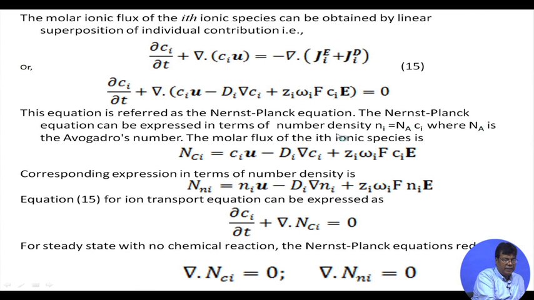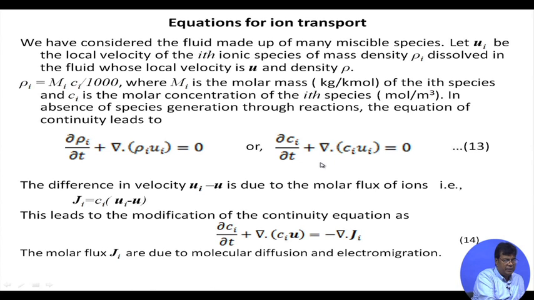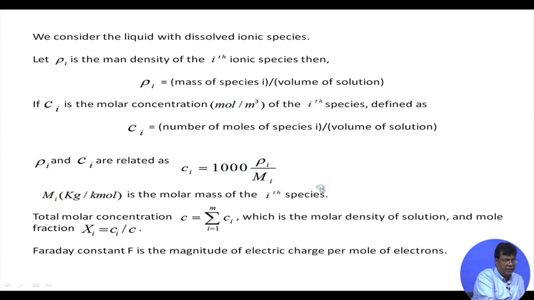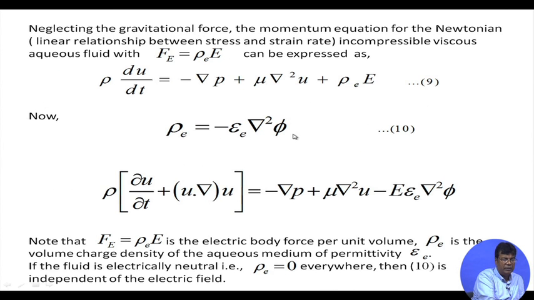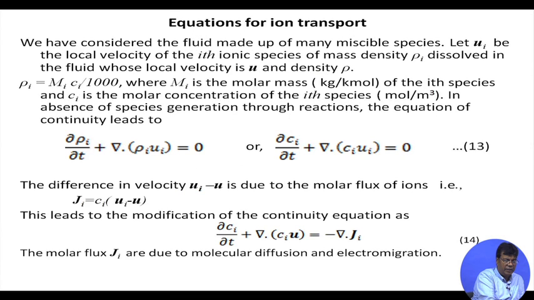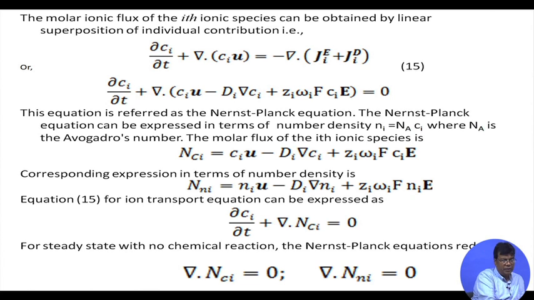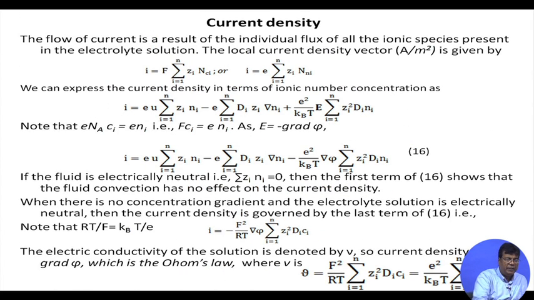So, this electric field, if we just look back, is governed by this Poisson equation, and this Poisson equation is also involved in the equation of fluid flow. So, that means all these equations are coupled. That means the solution, or the form of the velocity or the ion distribution and the electric field, are interrelated.